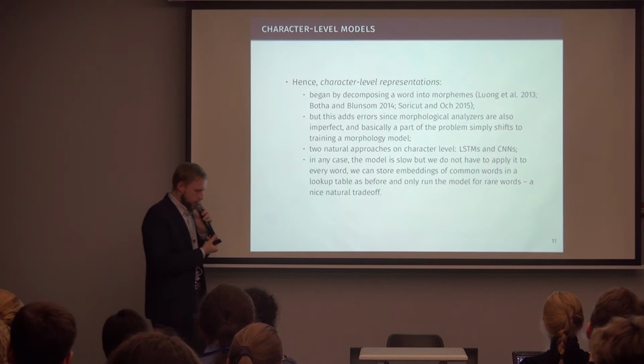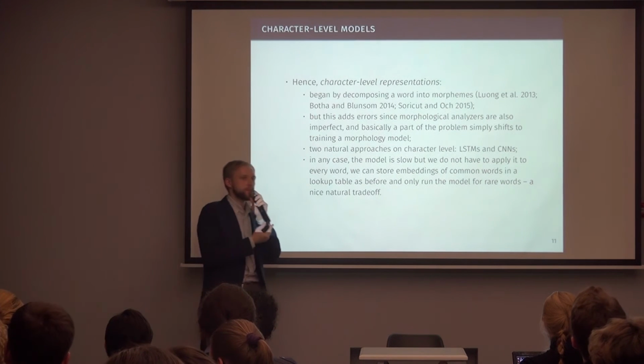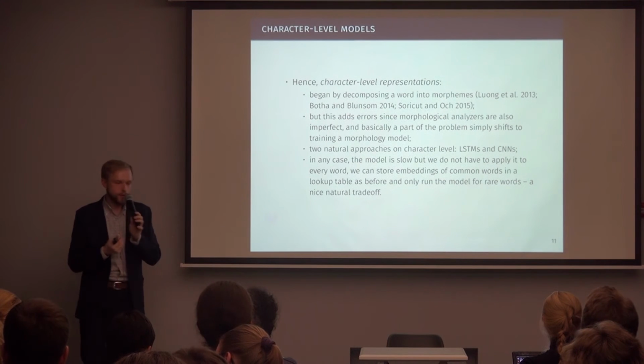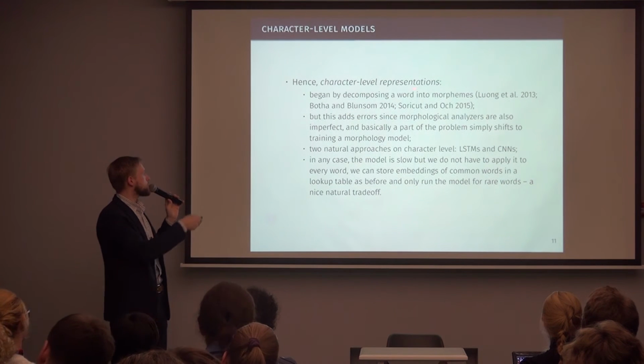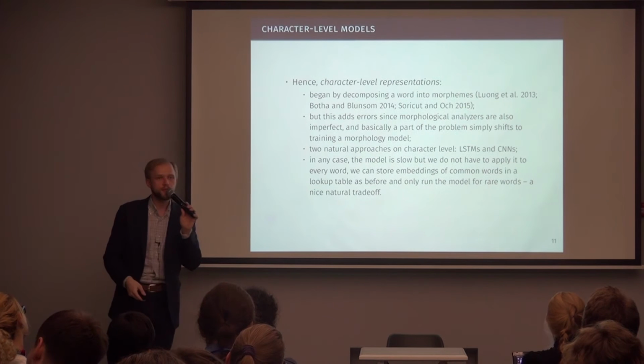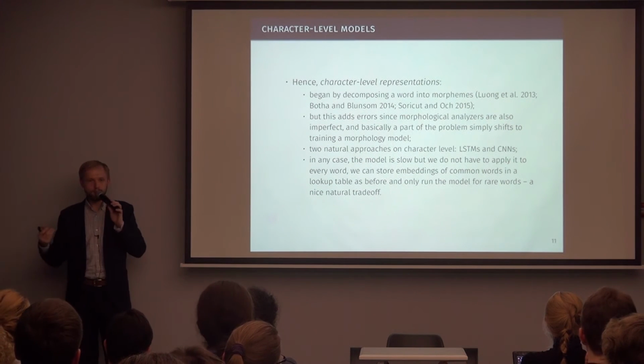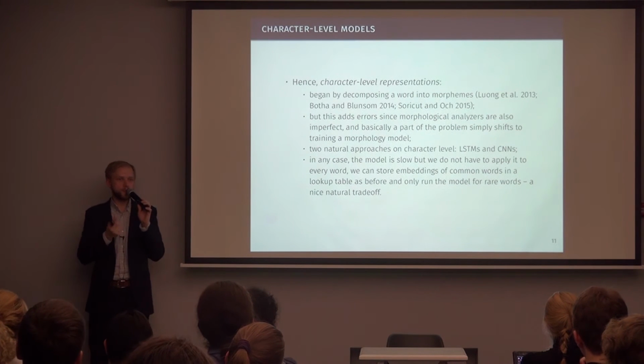And hence, we arrive at the idea of what is called character-level representations. Character-level representations, at first, try to decompose a word into morphemes. The linguists know what morphemes make up a word.